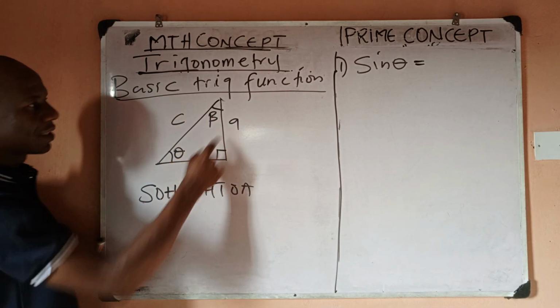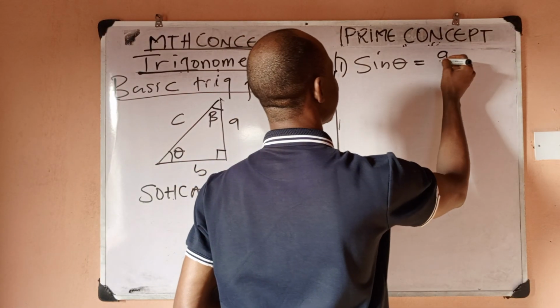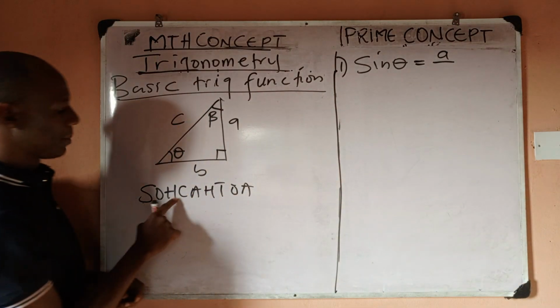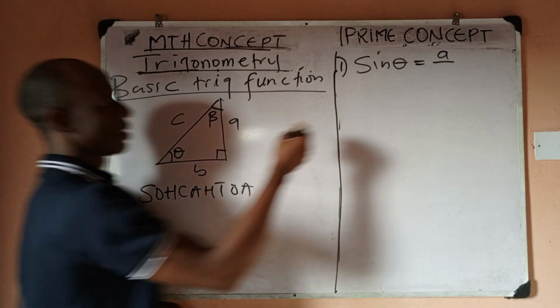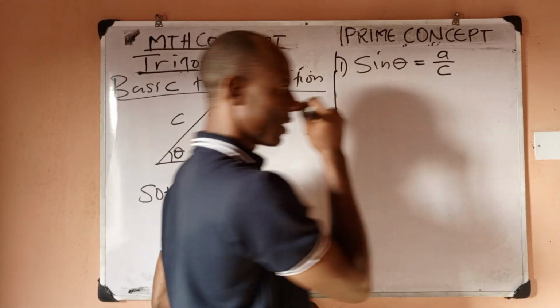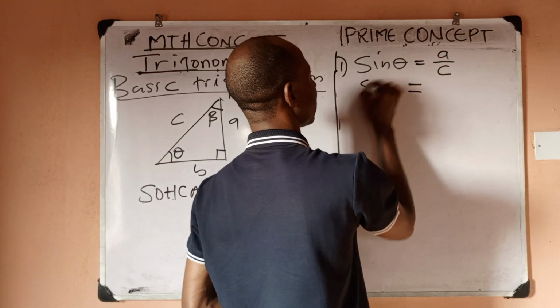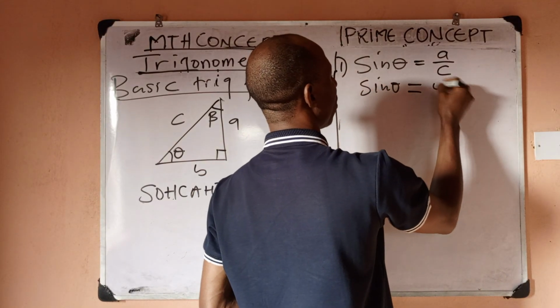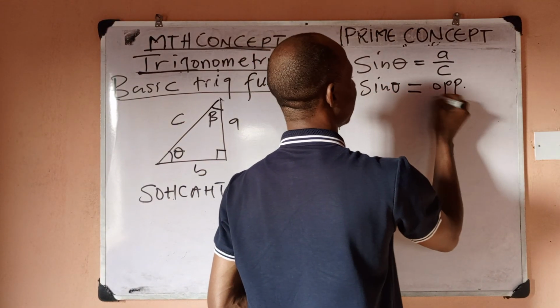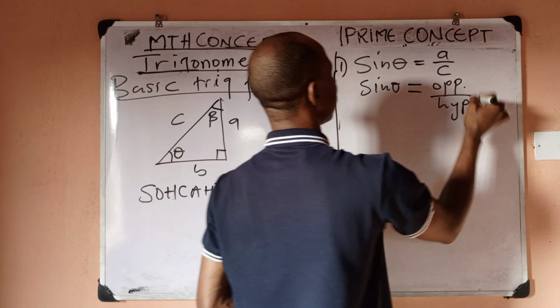Opposite side to theta is A. So I'll write A over the hypotenuse, which is C. So sine theta is actually opposite side over hypotenuse. That is sine theta.